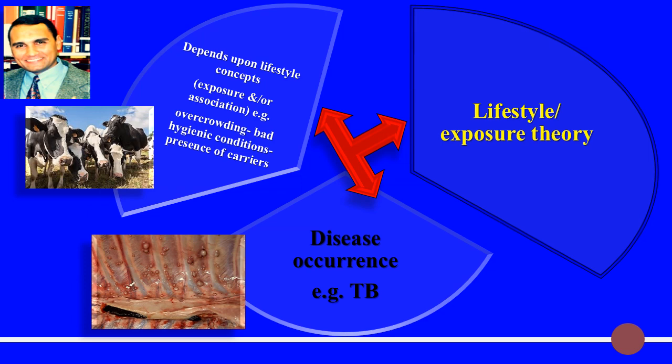Lifestyle exposure theory is a model which holds that the likelihood of an animal or individual suffering a personal or animal disease or victimization depends upon the concept of lifestyle. Lifestyle theory is constructed upon several premises.